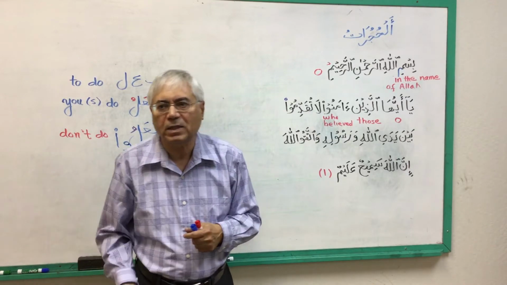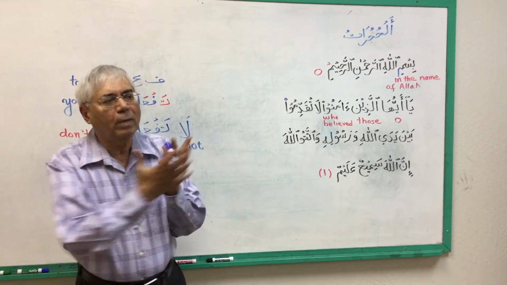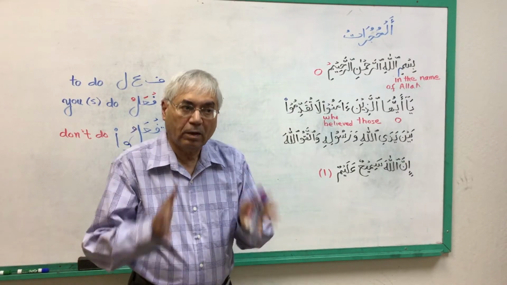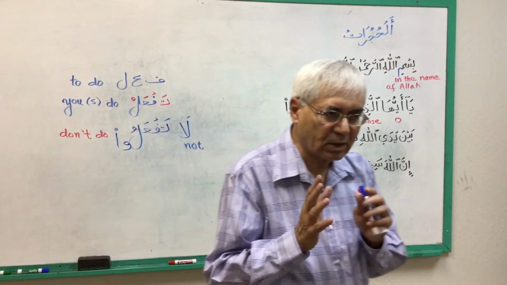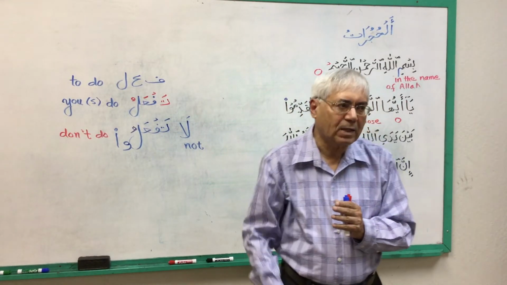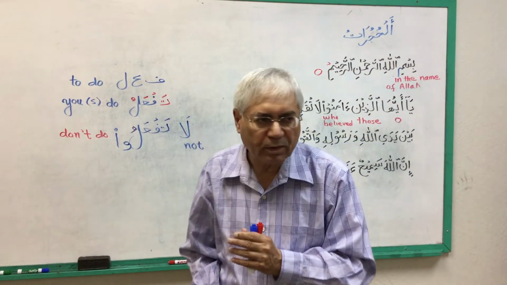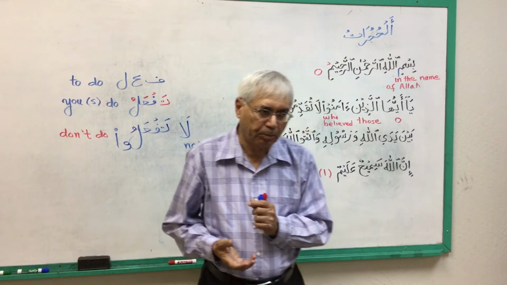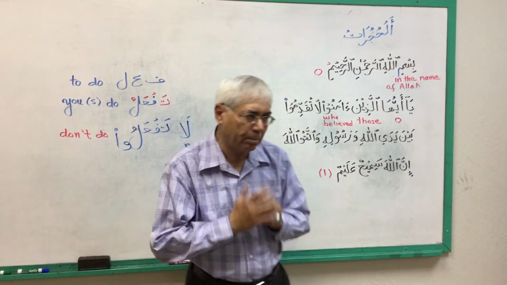If Rasul has decided something, no, my judgment is this, I think you can do it better this way. No. If Allah and His messengers have decided something, you cannot bypass them, go ahead of them in your decision, in your judgment, in your anything. You have to go and follow them.